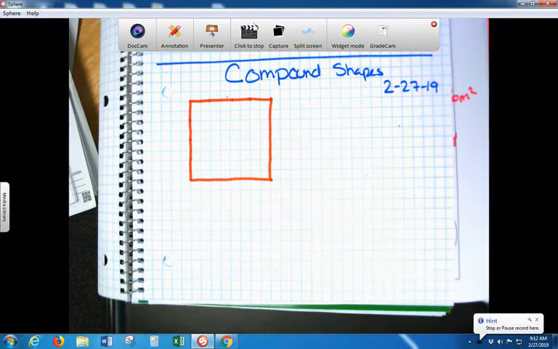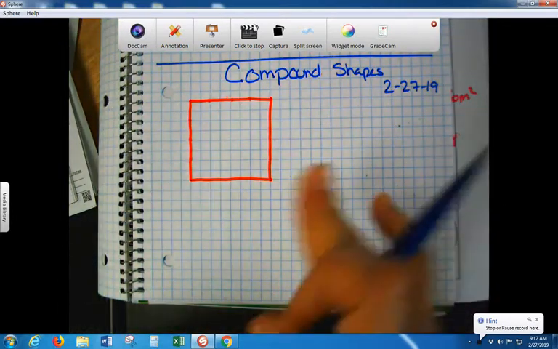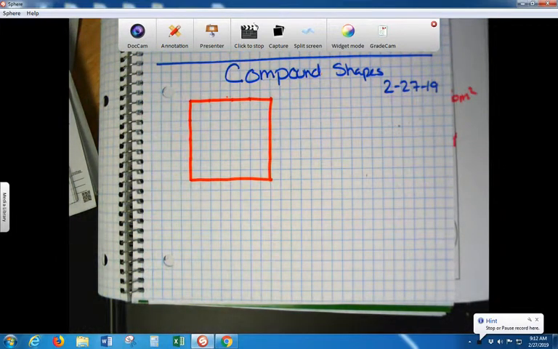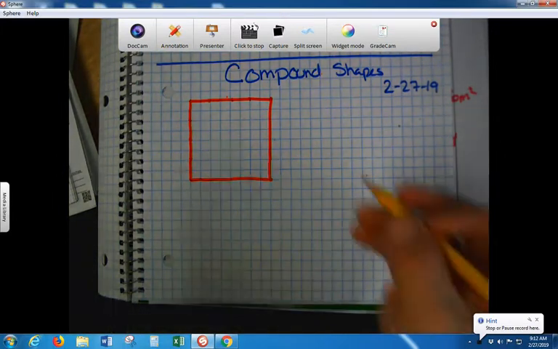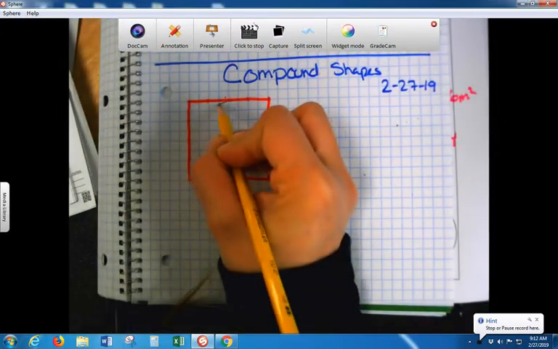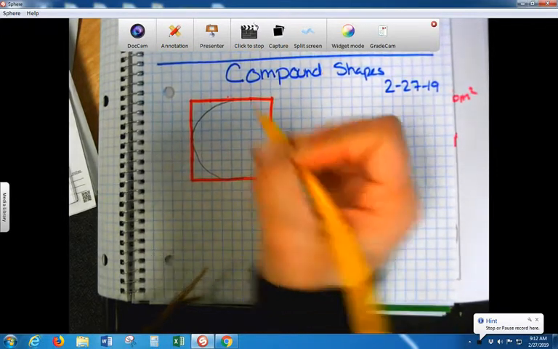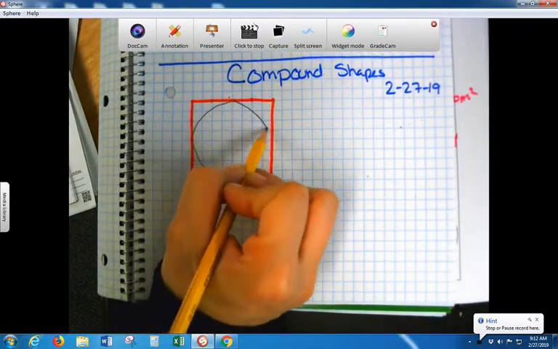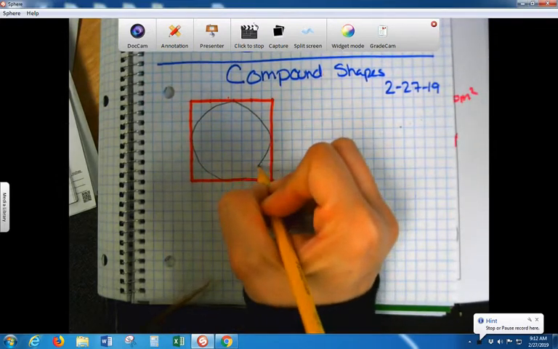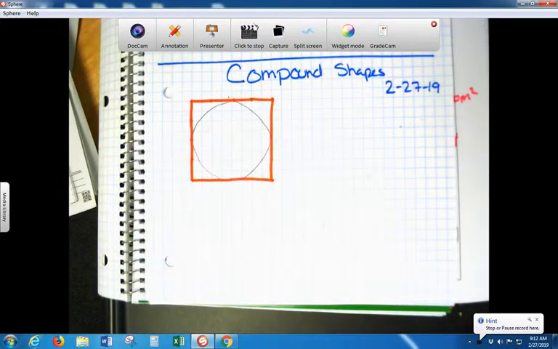Let's go. And then, to the best of your ability, and I'm actually going to use a pencil, draw a circle inside of it. I drew a rectangle. To the best of your ability, just like I have done up here.